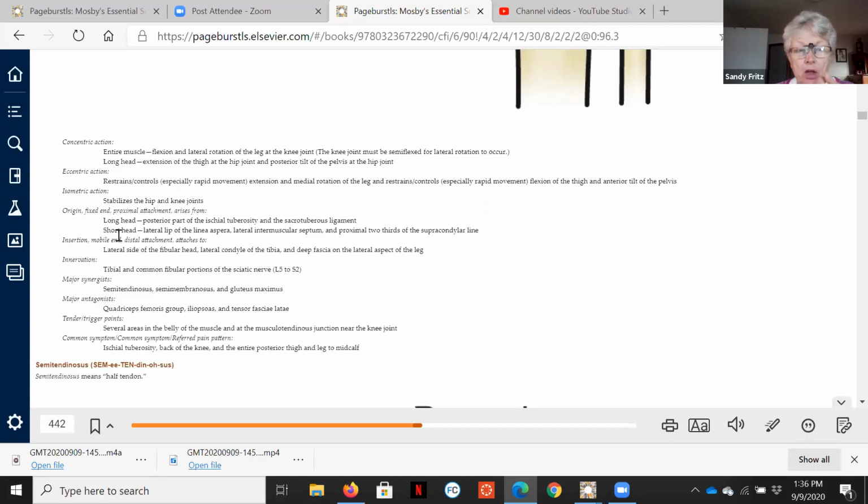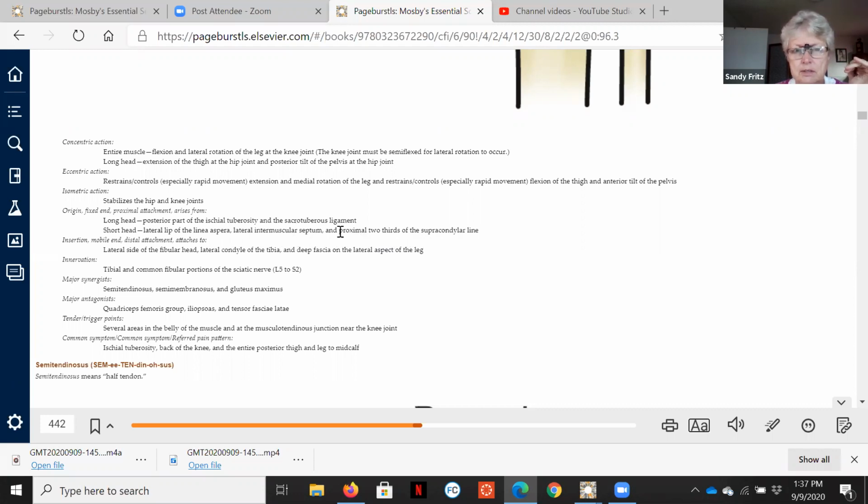But the short head here attaches at the lateral lip of the linea aspera, that's a kind of sticky out line, the lateral intermuscular septum, that's a connective tissue structure, and the proximal 2/3 of the supracondylar line.